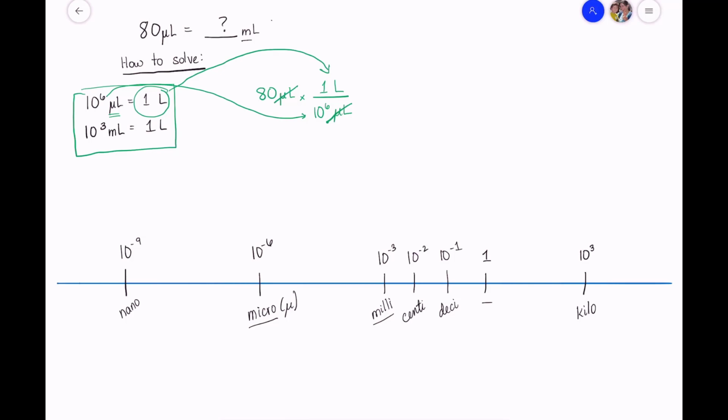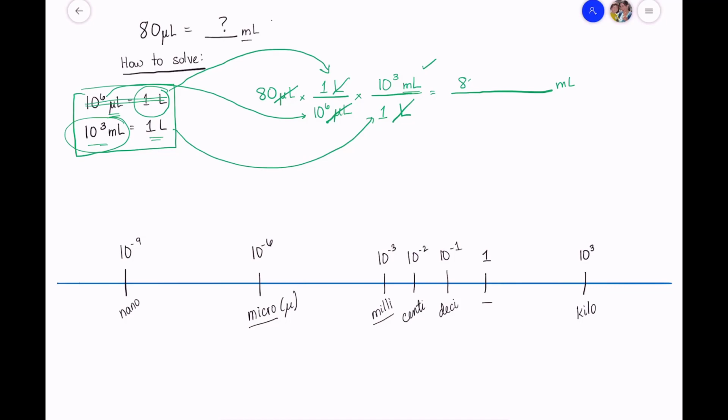So I'm going to do the same thing here. I'm going to do another multiplication sign, a line, and liters goes down at the bottom. So now I'm going to use my other conversion that I have not yet used. I'll put 1 liter down at the bottom, 10 to the third milliliters on the top, and now I'm where I want to be. I'm at milliliters.